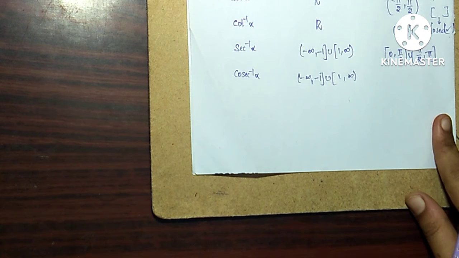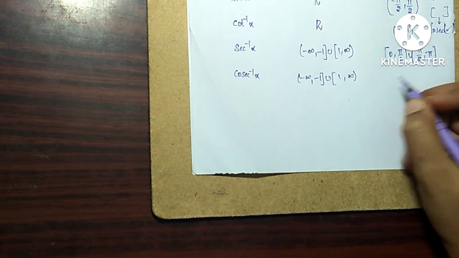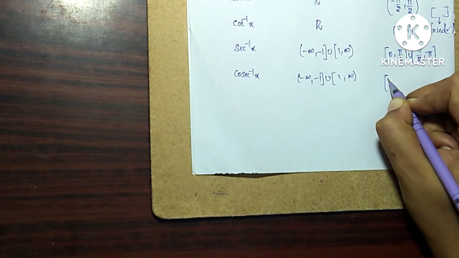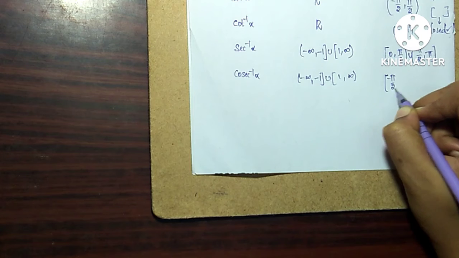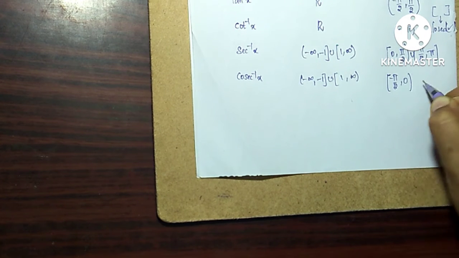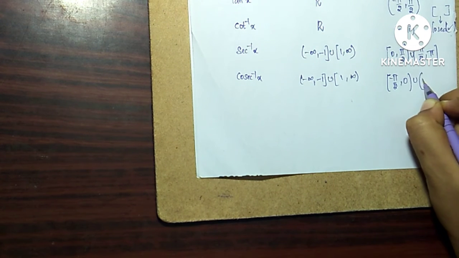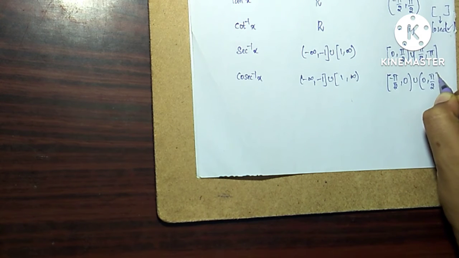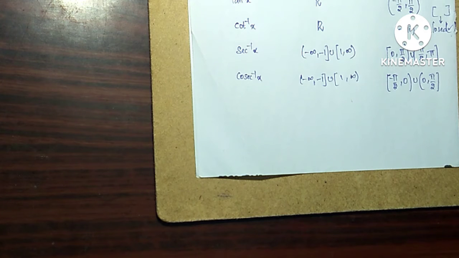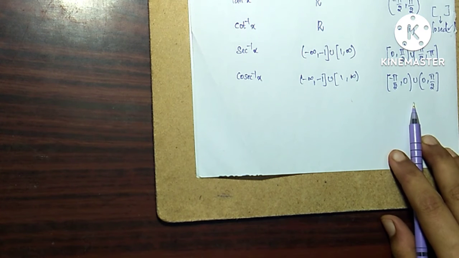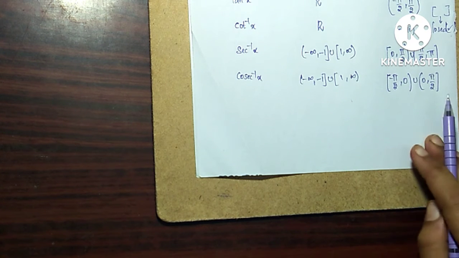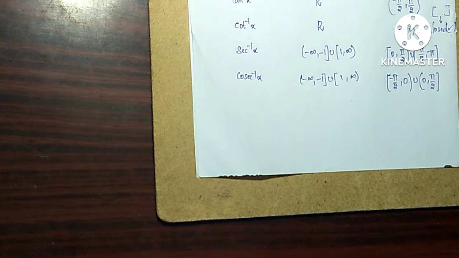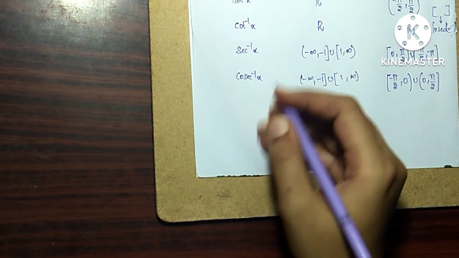Now the ranges are quite different. The range is closed bracket minus pi by 2 comma 0 open bracket union open bracket 0 comma pi by 2 closed bracket. We should not forget the closed and open brackets. This matters a lot in the functions chapter.